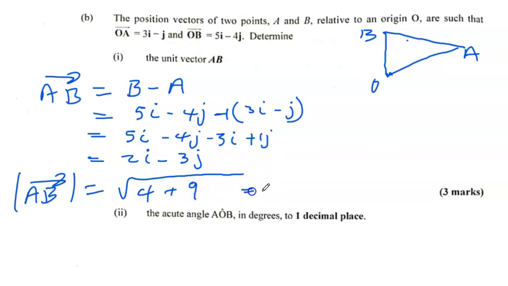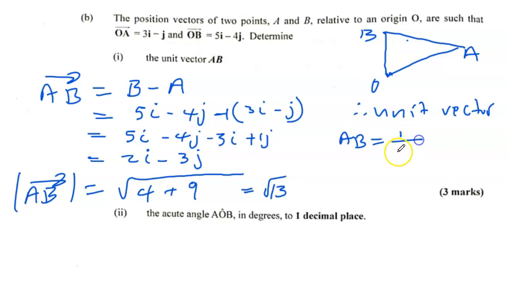So it's the square root of 13, that's the modulus of the vector. Therefore, the unit vector AB is equal to 1 over the modulus, so 1 over root 13 times the vector itself, which was 2i minus 3j.